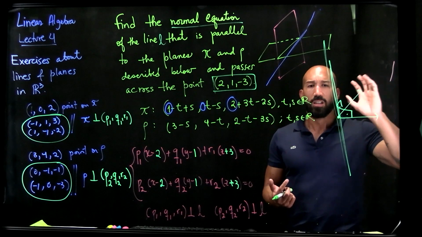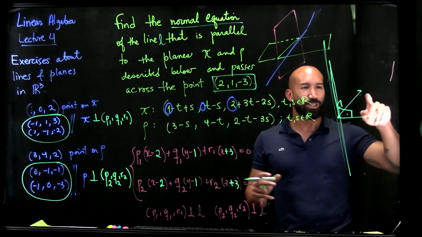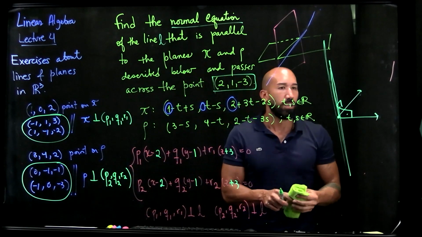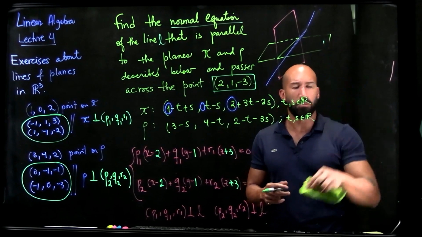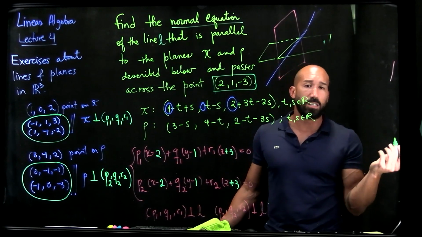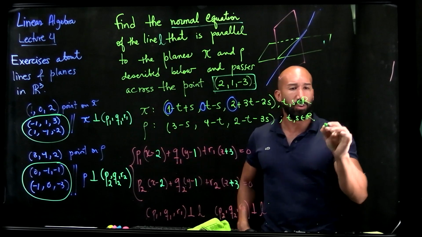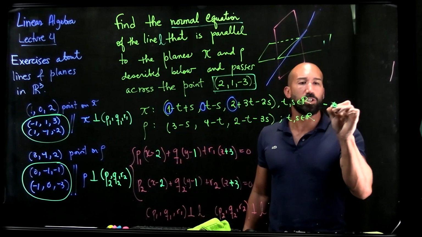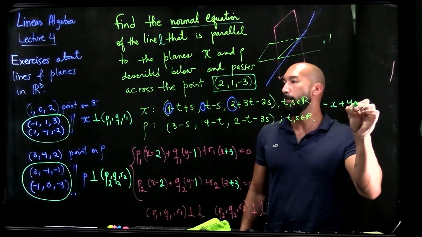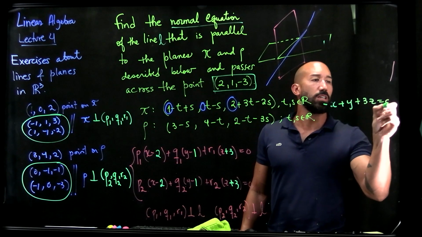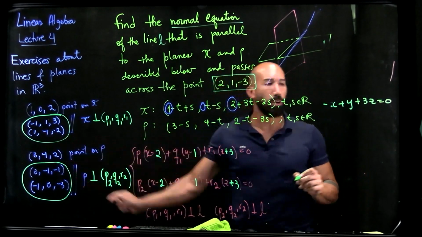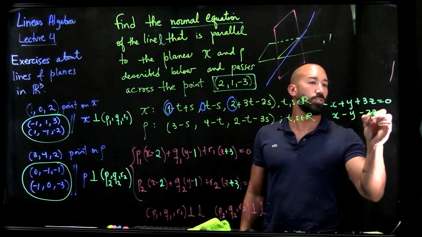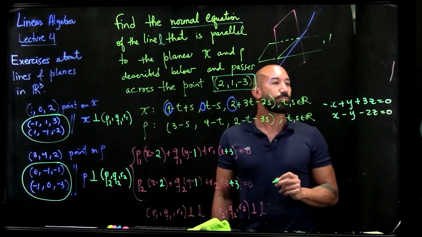But if we only leave the problem as give me all vectors that are orthogonal to these 2, we are going to have a whole line. So let me do it the way that I did it before, which I say, all right, x, y, z are my vectors. They have to be orthogonal to the first one. So dot product with this one, which is minus x plus y plus 3z is equal to 0. Dot product with this one, which is x minus y minus 2z must be 0.